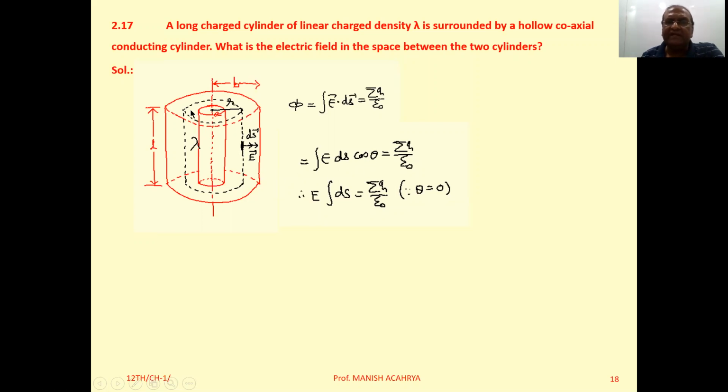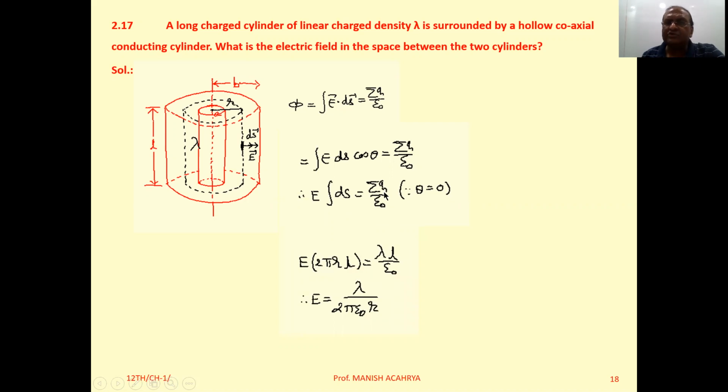And magnitude wise, the electric field at each and every point on the cylindrically curved surface will be the same, because each point is at the same perpendicular distance r from the axis. So we can write E integration ds equal to sigma q upon epsilon 0. Now integration ds gives the total cylindrical surface area, that is 2 pi rL. So the left hand side is E into 2 pi rL.